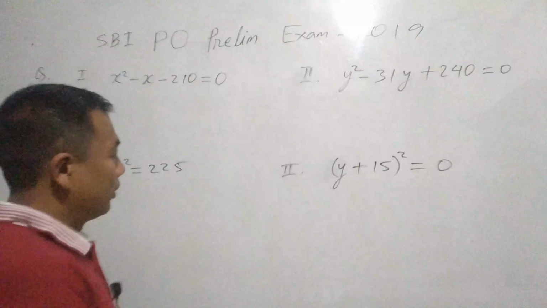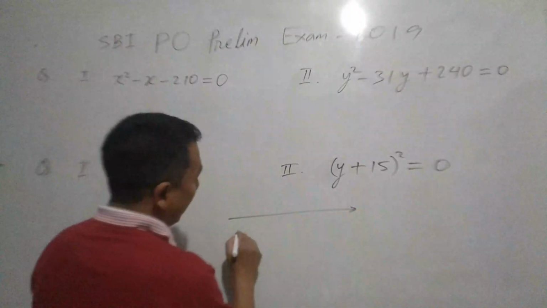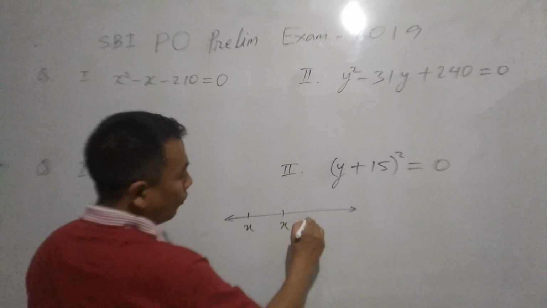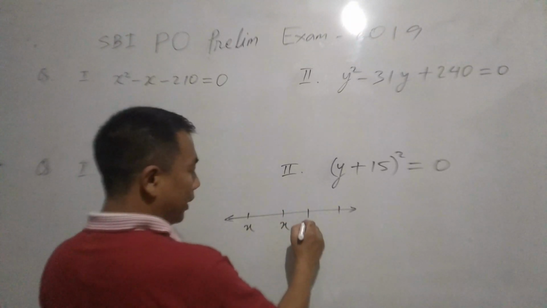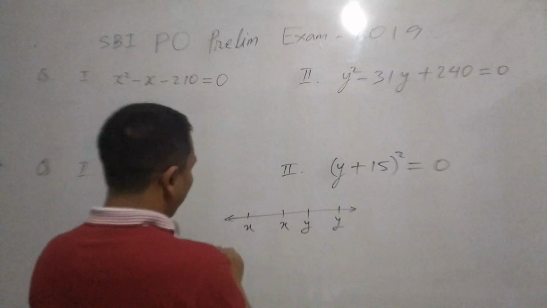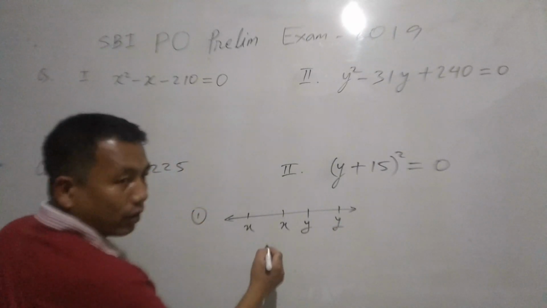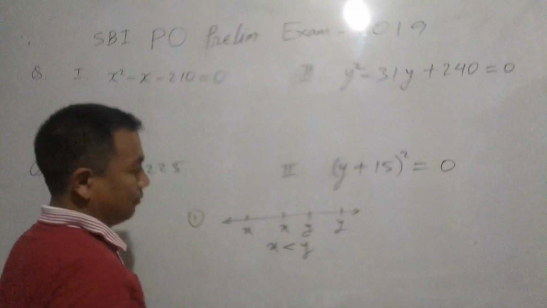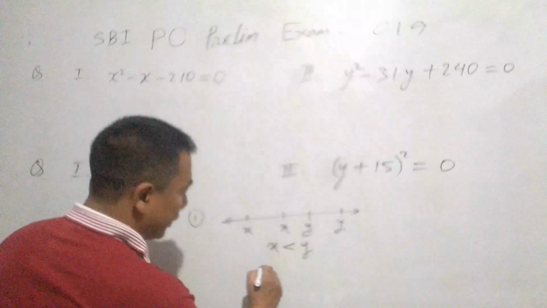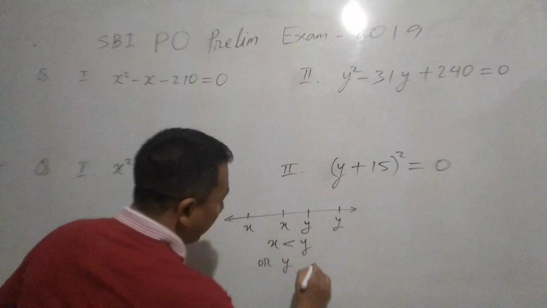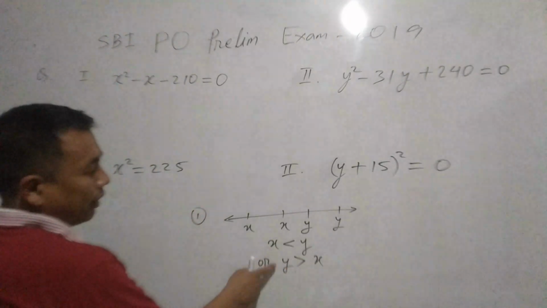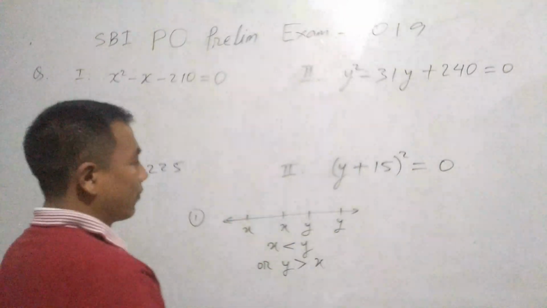Number 1: on a real number line, if the value of x is less than the value of y, the conclusion should be x is strictly less than y. Or interchange it, y is strictly greater than x. These two meanings are the same.